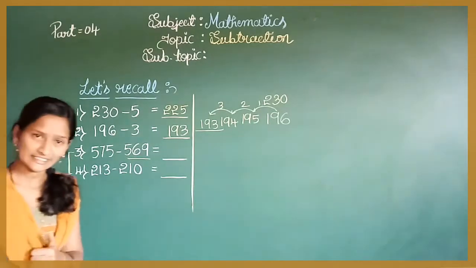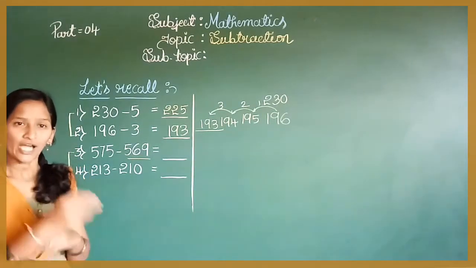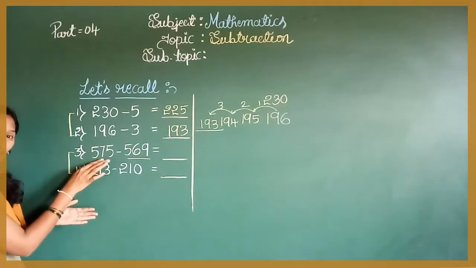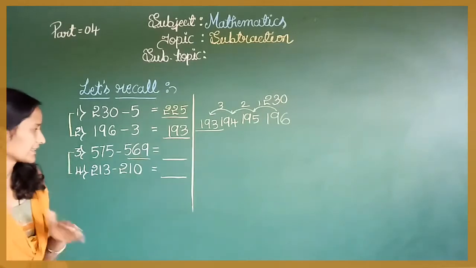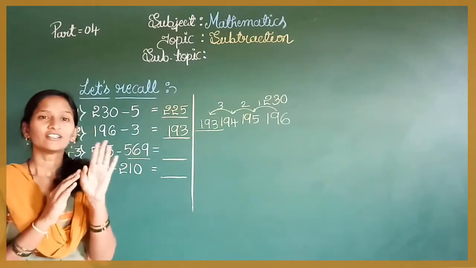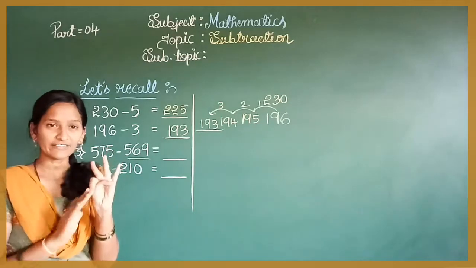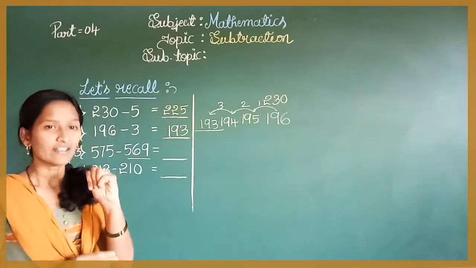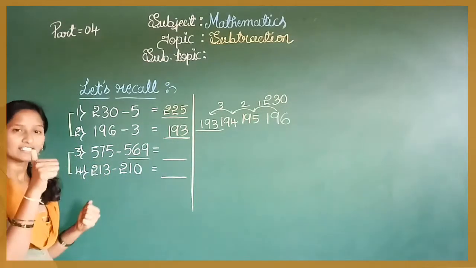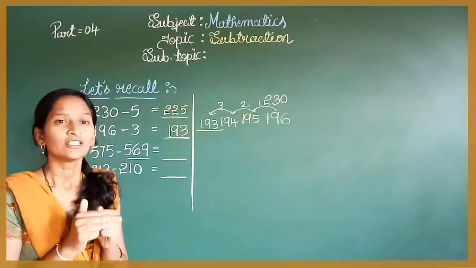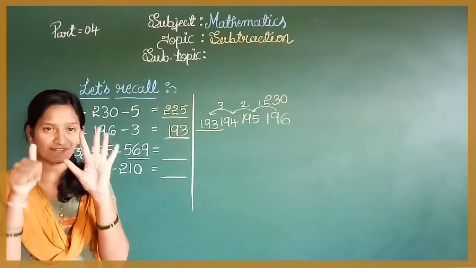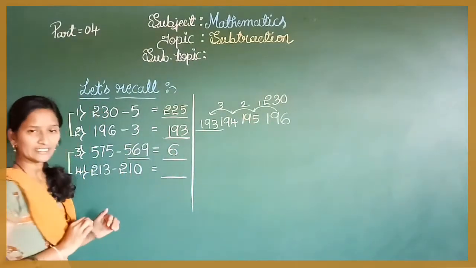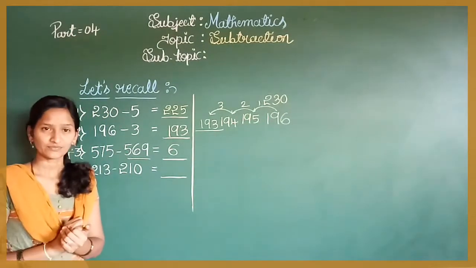After 569, you have to count forward till you reach the number 575. 570, 571, 572, 573 and 574, 575. So here in total I used 6 fingers, right? So write here 6. That is the difference between these two numbers.